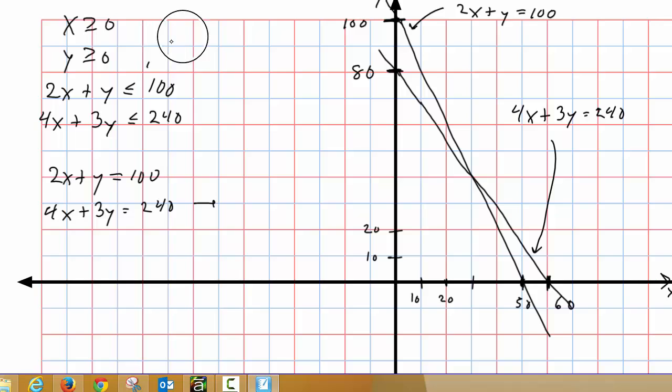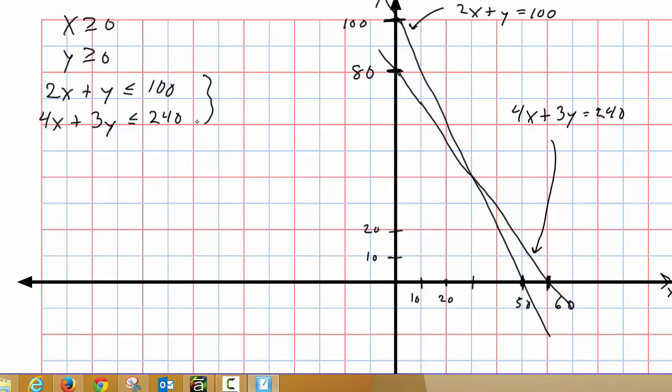So all those. Now, of course, we remember what we really wanted was not just to graph lines. We had all these linear inequalities. And so we need to find the region that is the set of all points x and y that satisfies all four of these linear inequalities. So the first two, as I've said before, just mean that we're in the first quadrant, where we're to the right of the y-axis and above the x-axis.